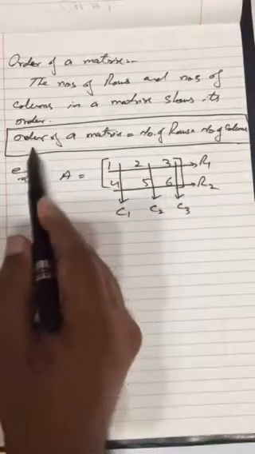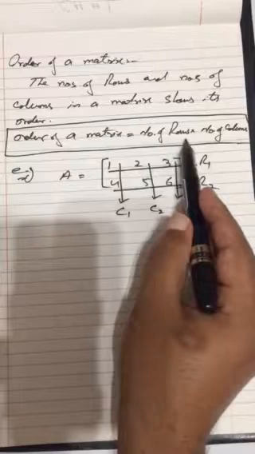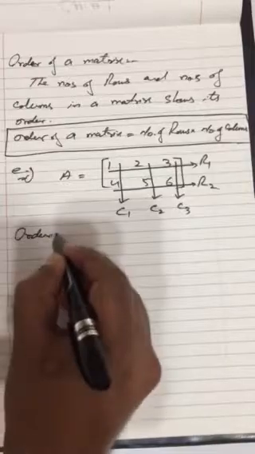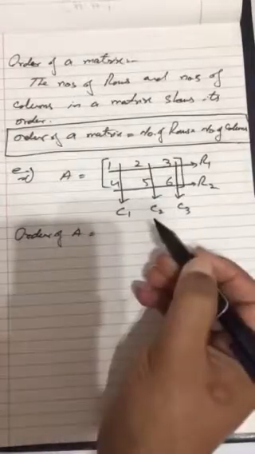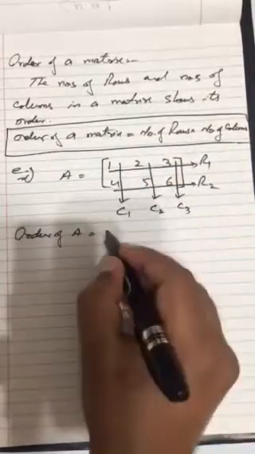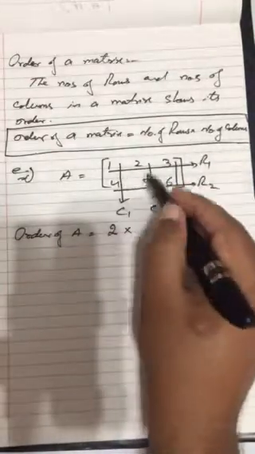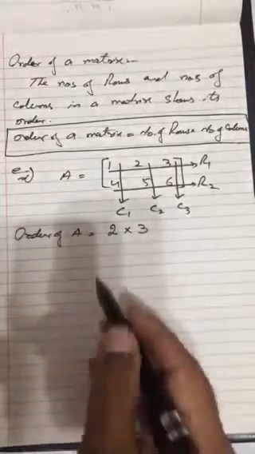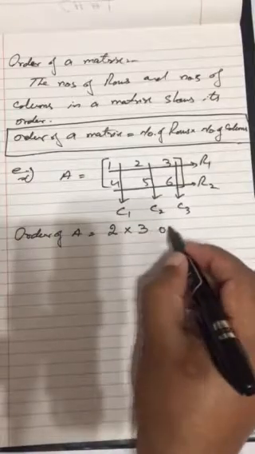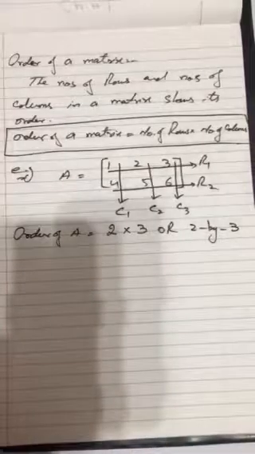So order of A is number of rows, 2, into number of columns, 3. So order of A is 2 into 3, or we can write 2 by 3.